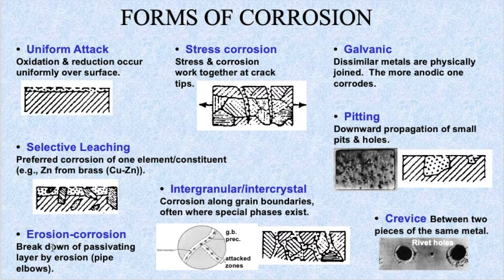And then last but not least, there is erosion corrosion, which basically just means corrosion resulting from the flow of fluids, like an entire stretch layer of a metal gets corroded away such that it is weakened because of the reduction in thickness.